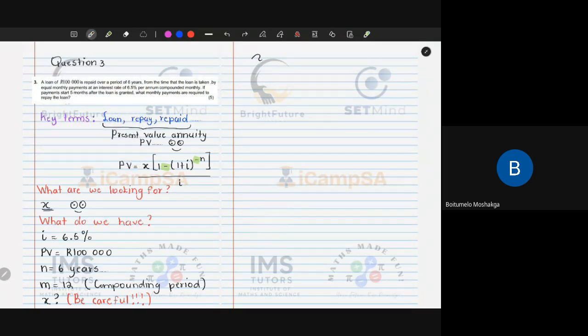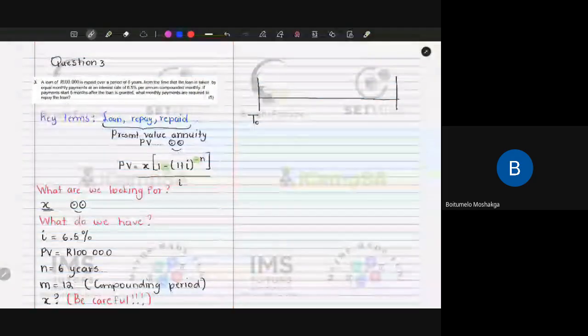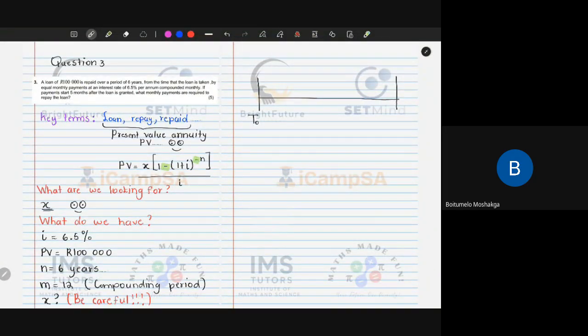So I'll have my timeline. Let's have it like this, guys. We'll be at time 0, T0. And at time 0, we are taking a loan amount of 100,000, isn't it, guys?